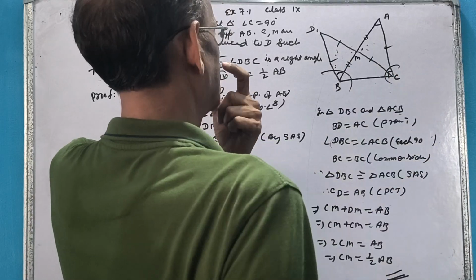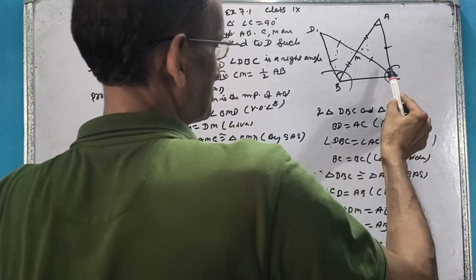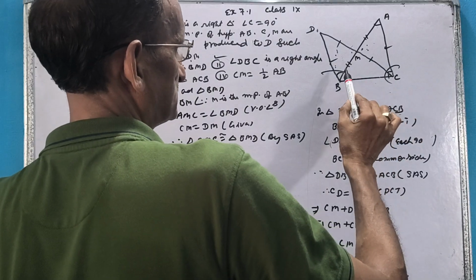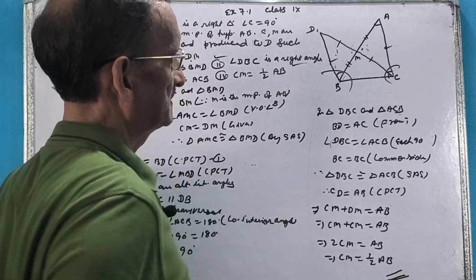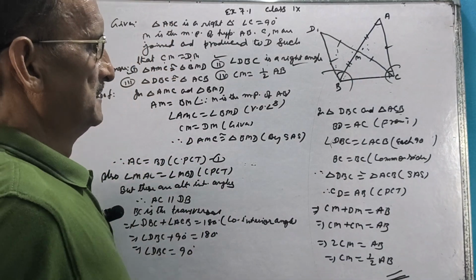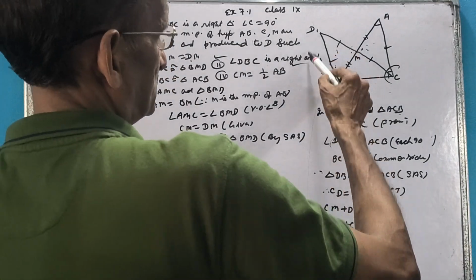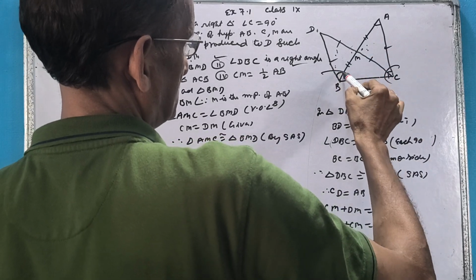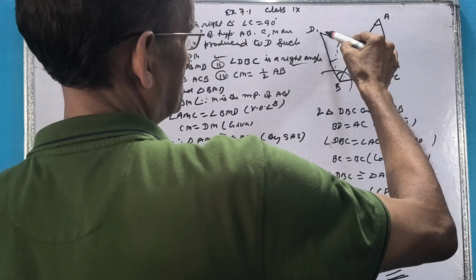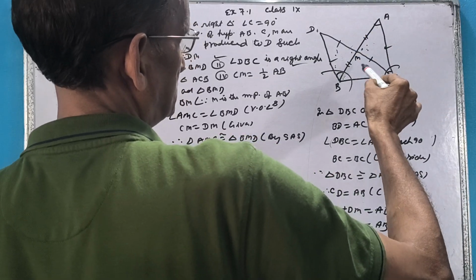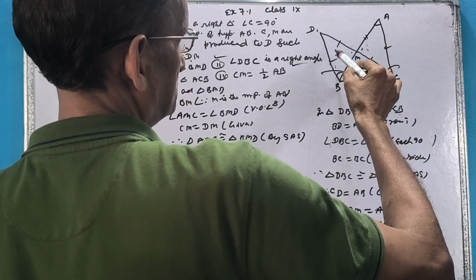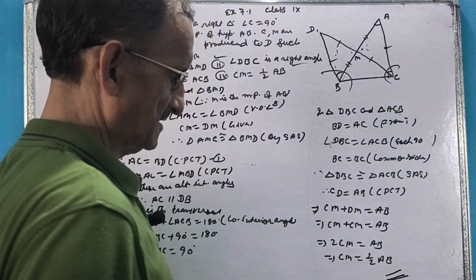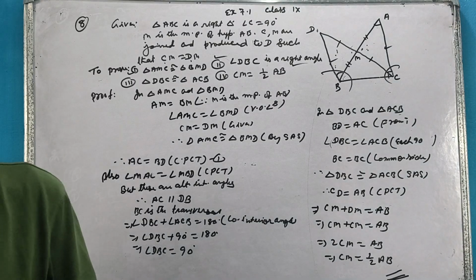Then this angle and this angle are called co-interior angles, and they are supplementary. But this angle is 90 degrees, given only, so this will be 90 degrees. That is number 2. Now number 3, we will prove this triangle congruent, very clearly by SAS. Then CD equal to AB by CPCT, and CD will be CM plus DM, and CM and DM are equal, so twice CM equals AB, and we get the proof. Okay.